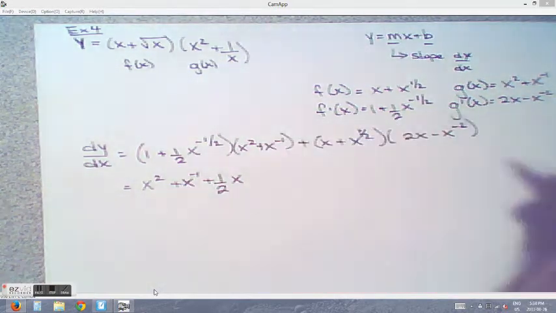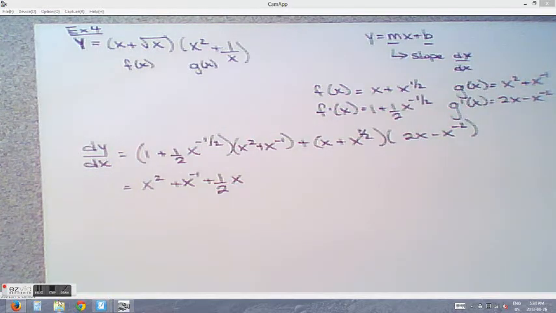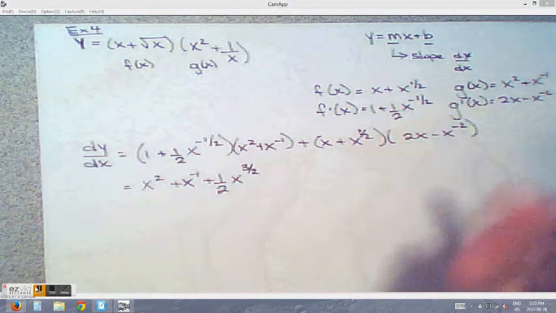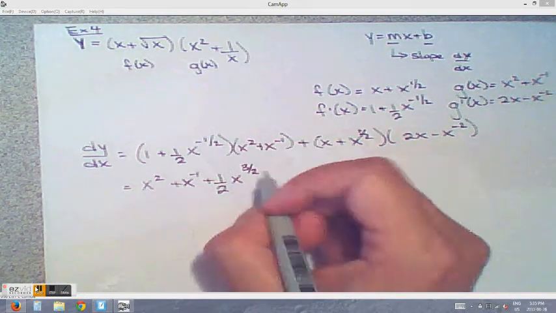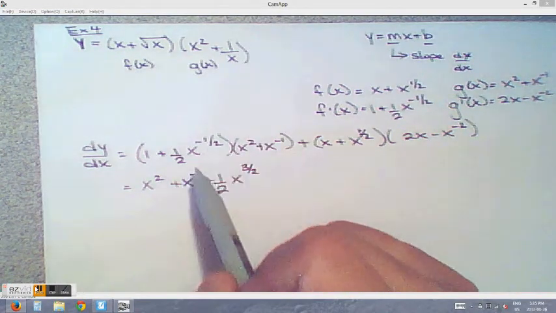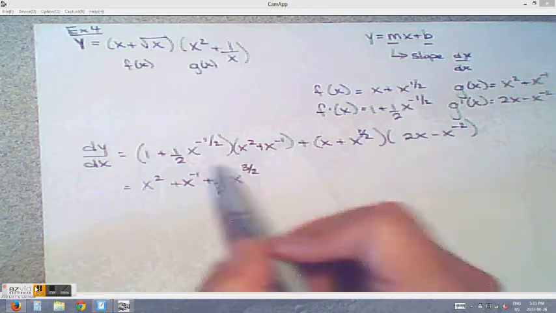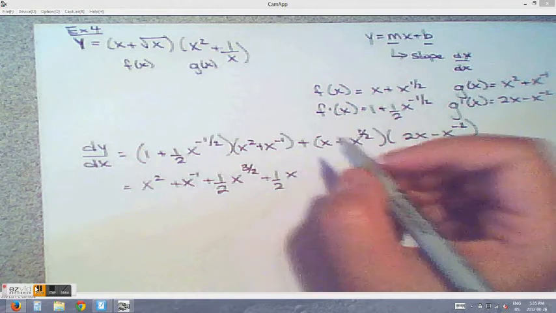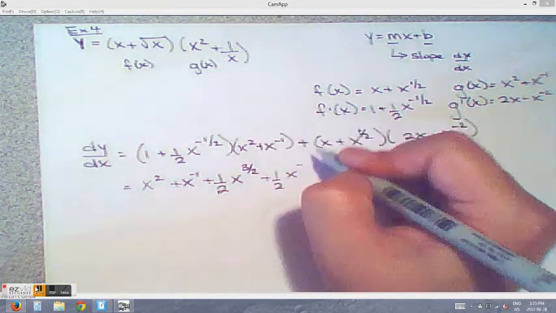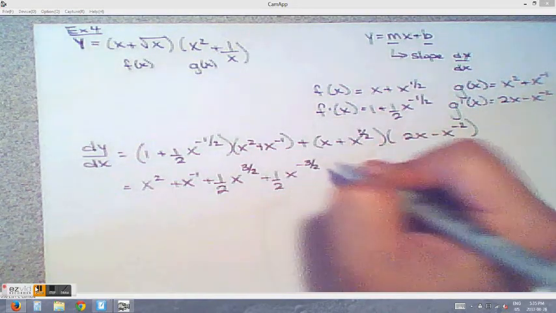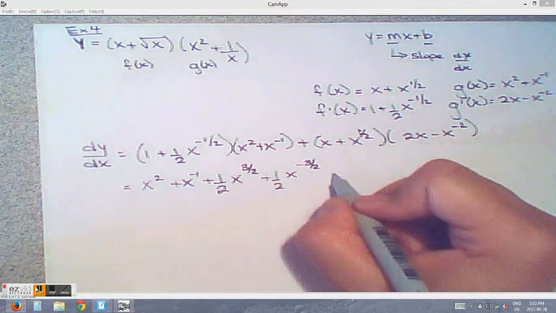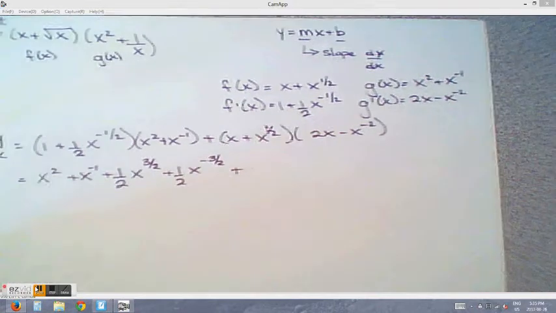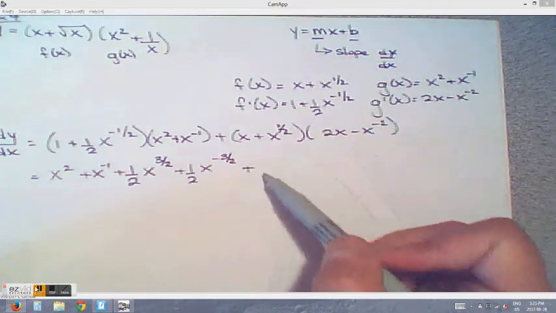So then what we have is, and then the last, which would then give us the 2 last, and plus 1/2 x to the negative 3/2. And I'm simply just going to put the plus and not have a bracket, only because it is a plus.